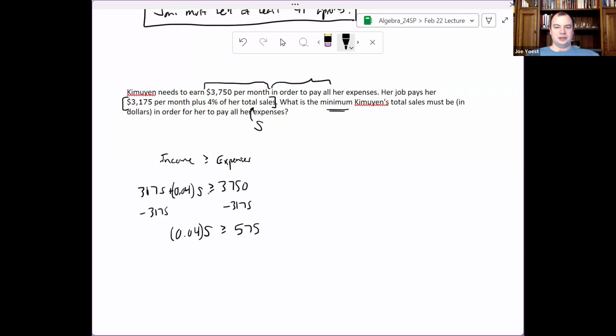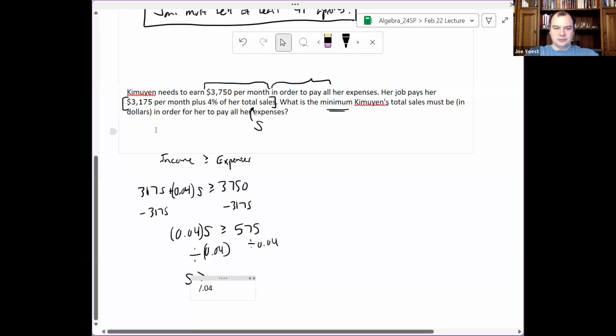So her sales times 0.04 have to be bigger than or equal to 575. And I can now isolate the variable, and I do 575 over 0.04.